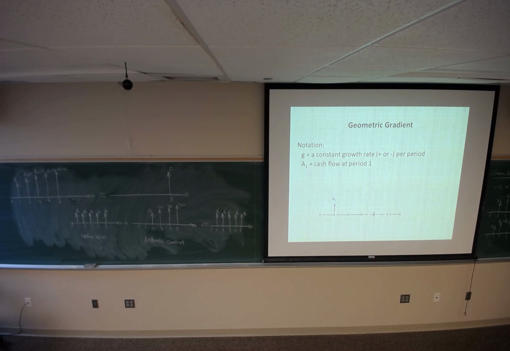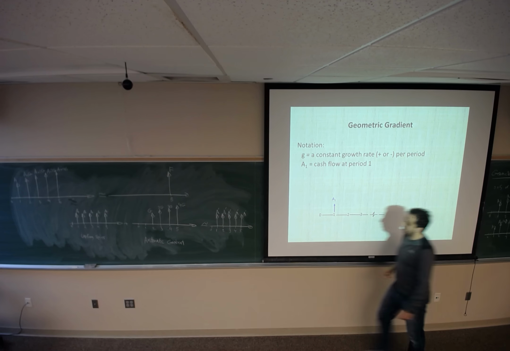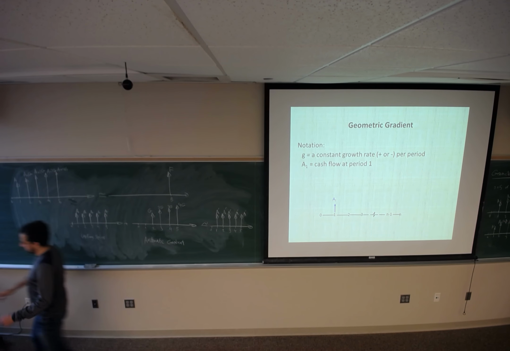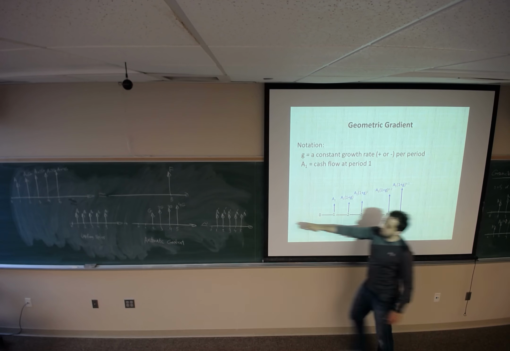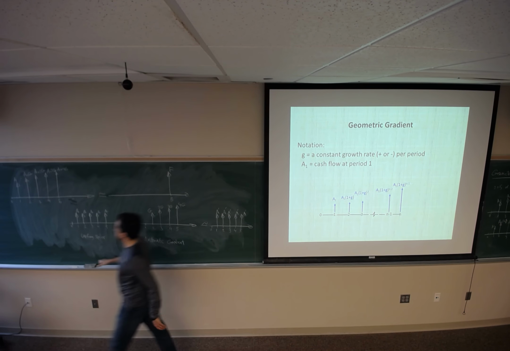And if it continues for n years, the last payment is going to be A1 times (1 plus g) power n minus 1. We call this geometric gradient. It's a constant rate increasing, not a constant amount. So this is the difference between the two.